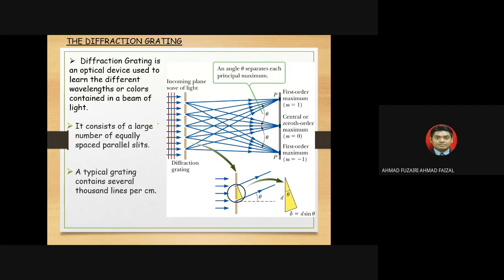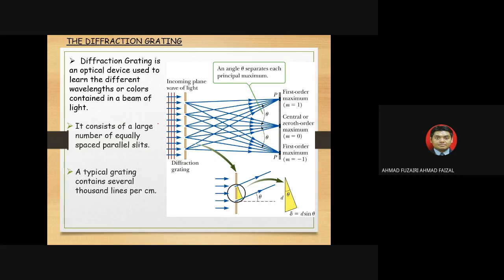And last but not least, the diffraction grating. The diffraction grating is an optical device used to study the different wavelengths or colors contained in a beam of light. It consists of a large number of equally spaced slits, and a typical grating contains several thousand lines.